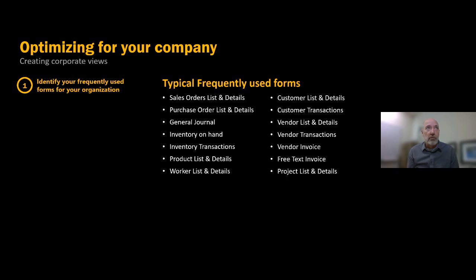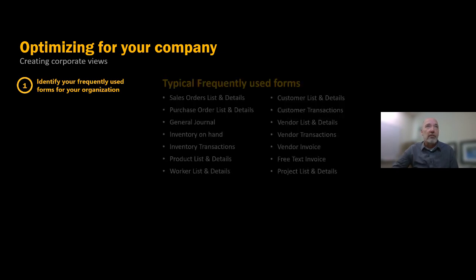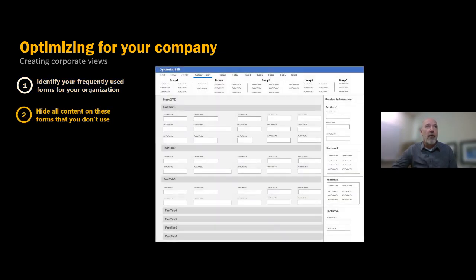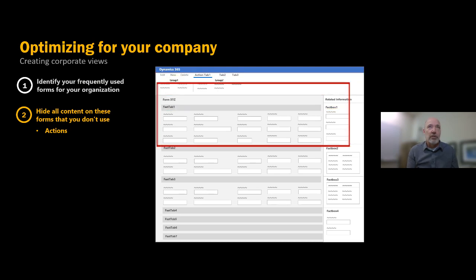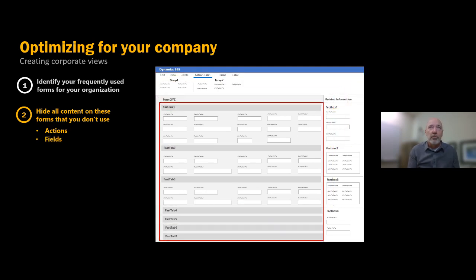So identify those, and then for each of those forms, hide all of the content on these forms that you don't use, that doesn't make sense for your company. I think the key thing here is every action you remove helps the user find the right action to perform. Every field you remove that's not necessary for your organization makes it easier to enter the other fields.